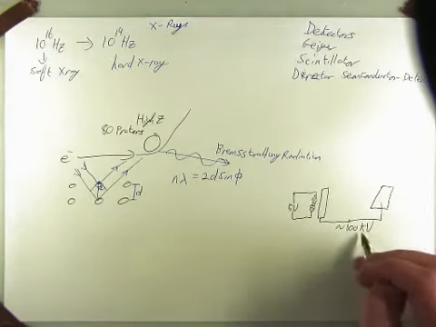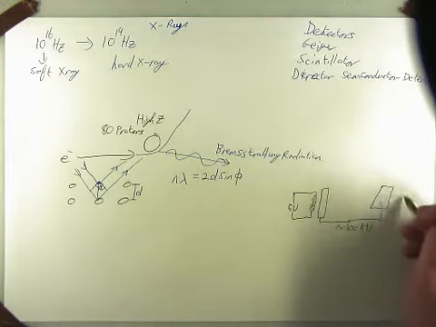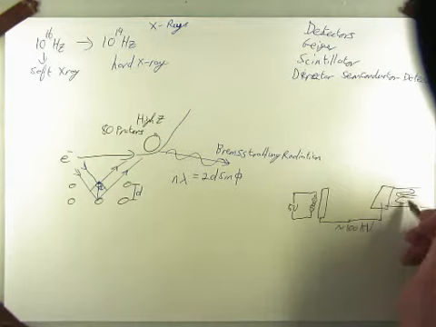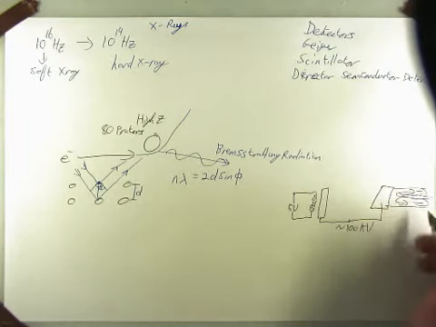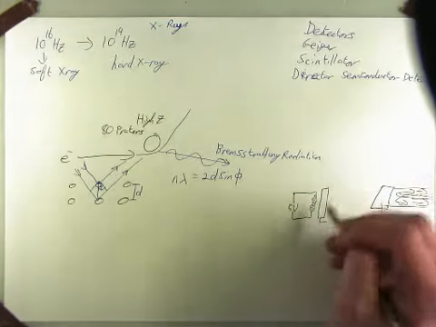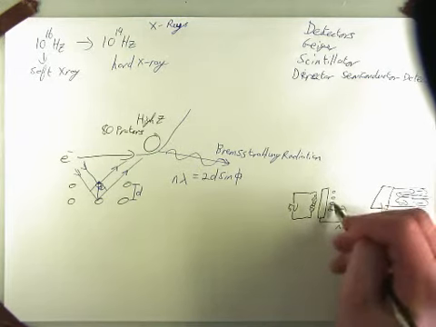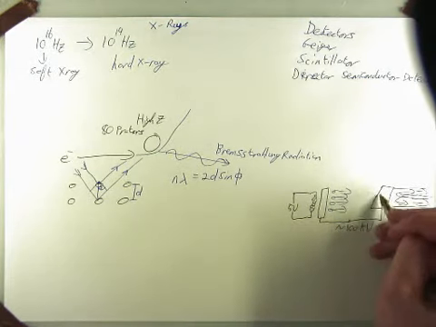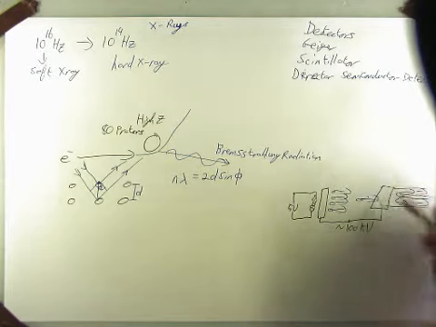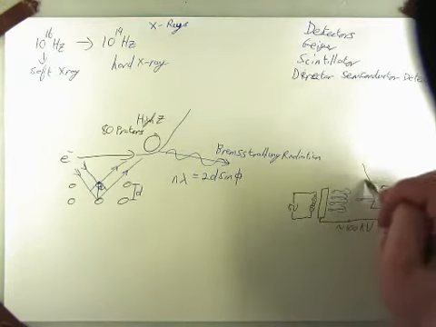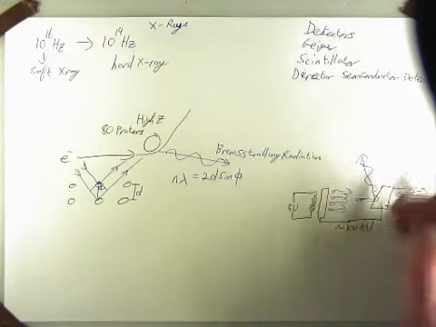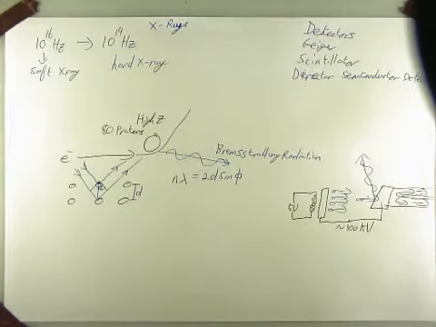So 100,000 volts or above, but this will produce an awful lot of heat, so we'd have to cool it down with some form of oil, and water might not do because you'd boil off the water too quickly. So the electrons we boiled off the metal would be accelerated very quickly towards this piece of metal, and X-rays will be given off, and that's how X-rays are formed in hospitals and the like.